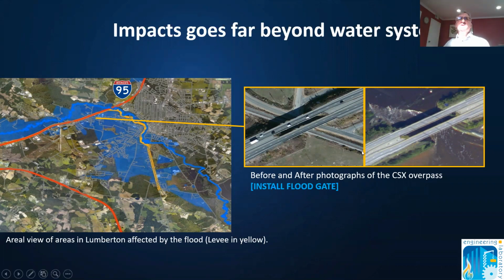For one, there was a vulnerability in the levee: the interstate served as part of the levee essentially, and when the waters got to a certain height, there was a railroad cutting through under the interstate, and that's I-95 you're looking at. Had they had a floodgate there, they could have prevented a whole lot of suffering.